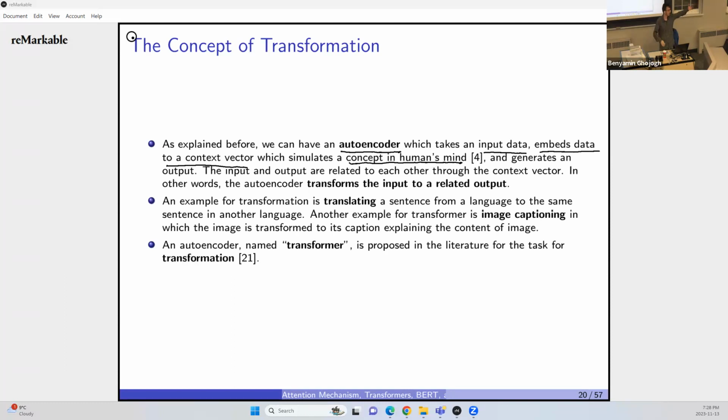For example, when I say cartoon elephant as input, the output is a real elephant. In the middle, I have the concept of elephant, exactly the same as the concept of elephant that is in your mind.